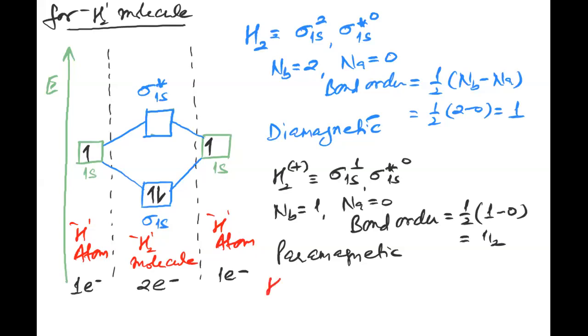Similarly, in the case of H2 minus, it is sigma 1s2 and sigma star 1s1. In this case, the number of electrons in bonding is 2 and in anti-bonding is 1.